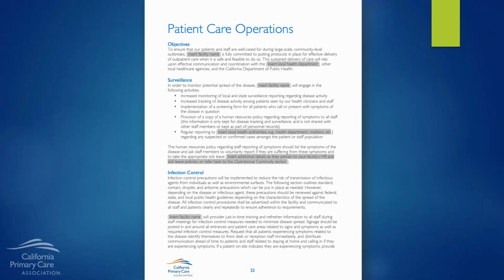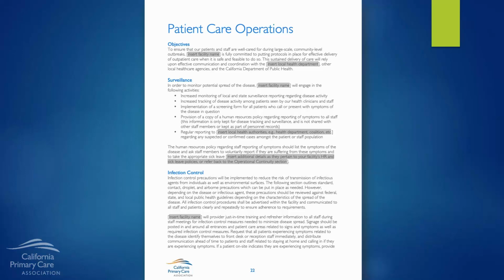Providing a copy of a human resources policy about how to report symptoms for staff members. All of these surveillance elements are part of a pandemic operations plan, and you likely already have some of this figured out, especially for coronavirus. But it's really just about putting it all in one place within this plan.